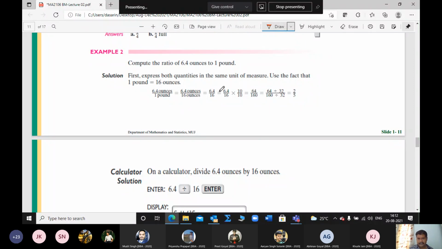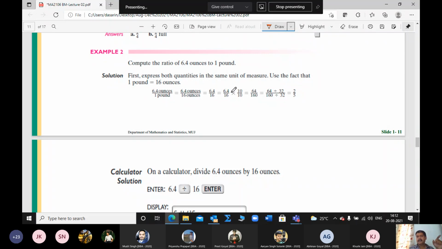One more thing that I'll recollect here. Whenever you are finding a decimal part in any number, if you wanted to eliminate the decimal, just see how many decimal places there are. Concentrate only on the numerator, 6.4.